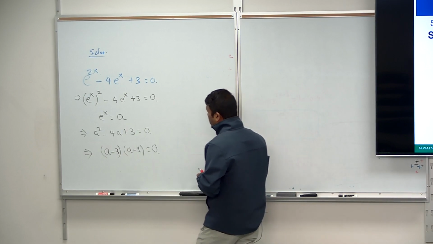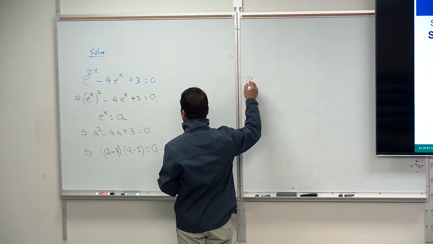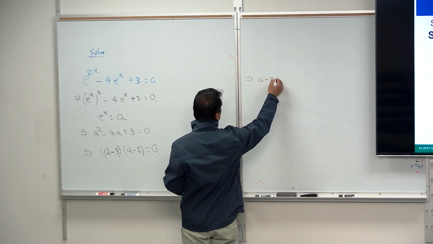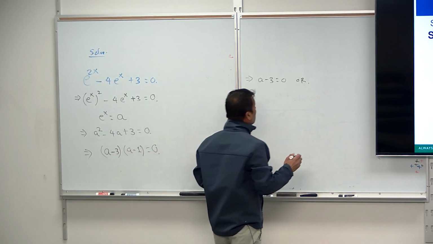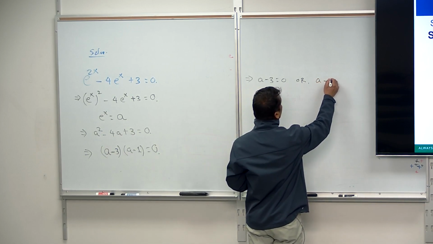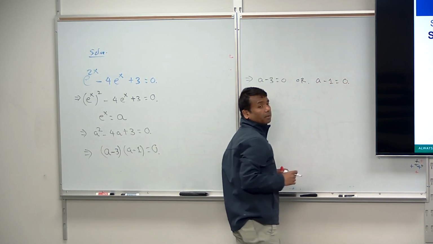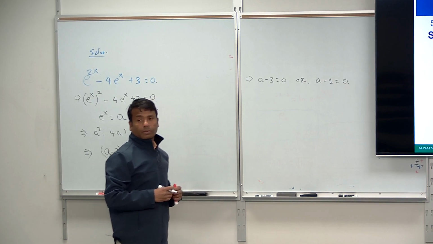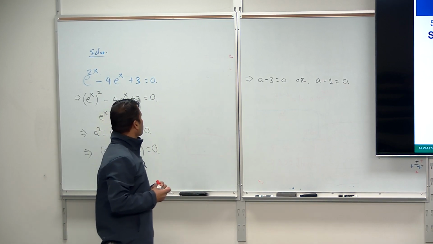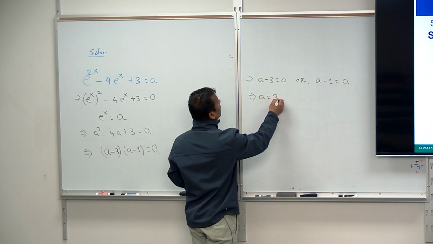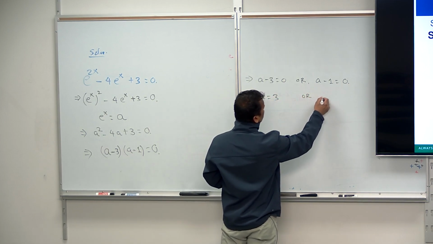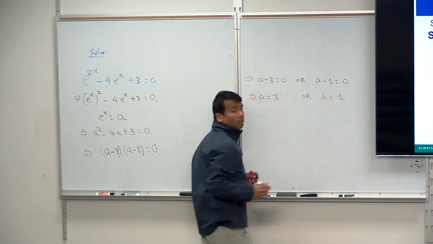So you'll have a minus 3 equal to 0 or a minus 1 equal to 0. So a minus 3 equal to 0 will give you a equal to 3, or a minus 1 equal to 0 will give you a equal to 1.